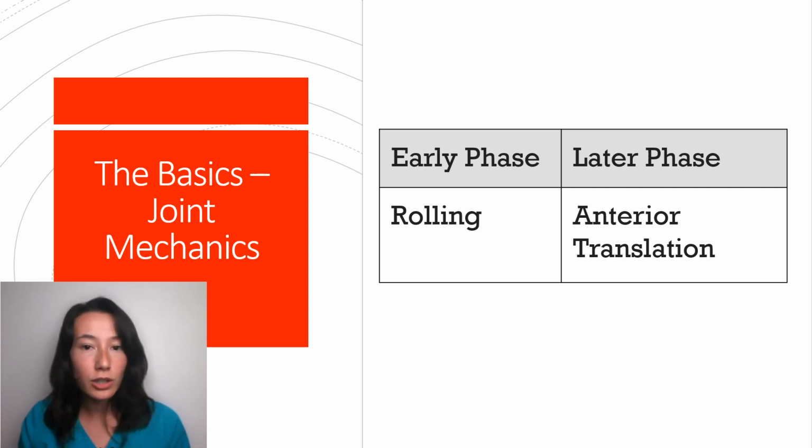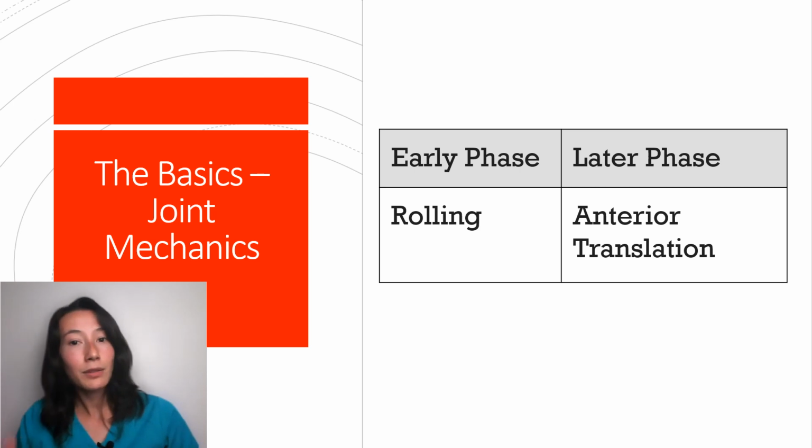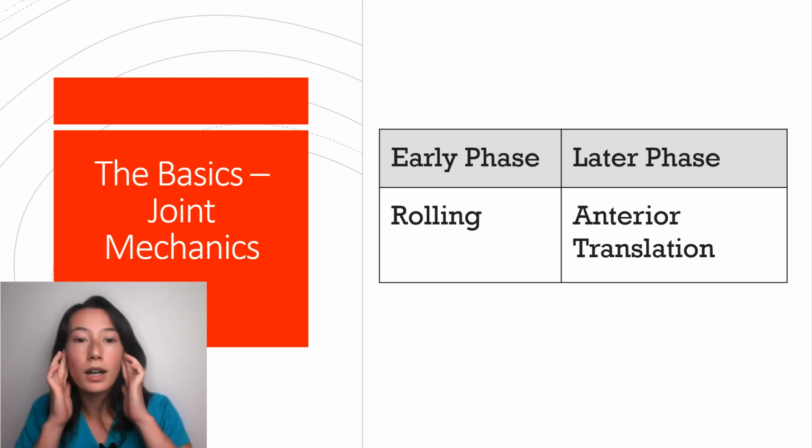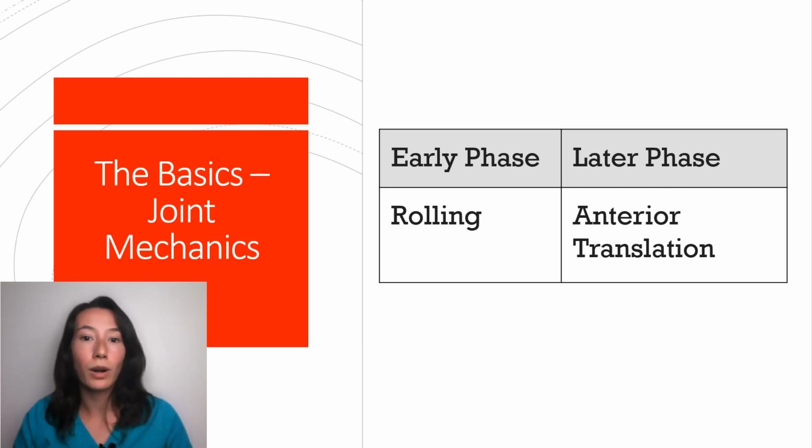So with this information, observing and palpating the quality of movement can be very telling as to how to approach treatment interventions. So if you notice a person's mandibular condyles, right, you have them open and close, even side to side, whatever movement, if you notice that their condyles skip the rolling part and instead immediately translate anteriorly, remember there are two parts, right, rolling first, then translation.